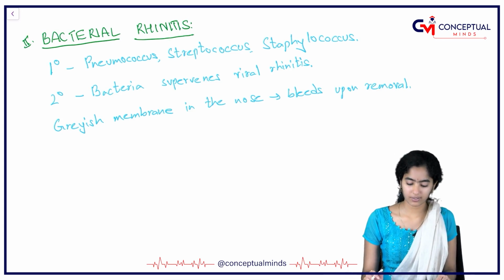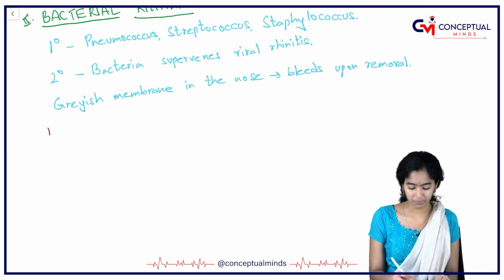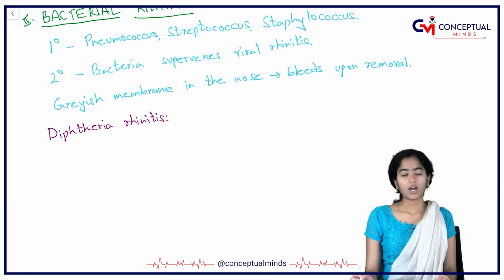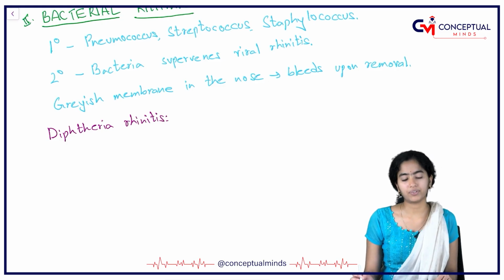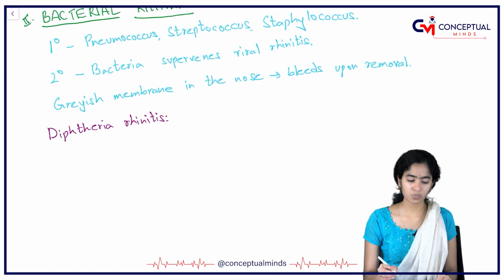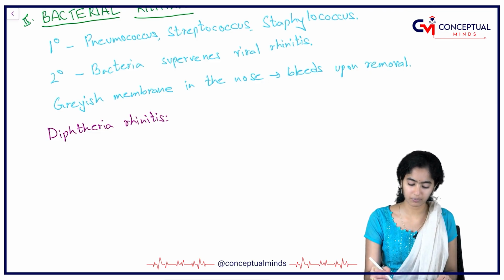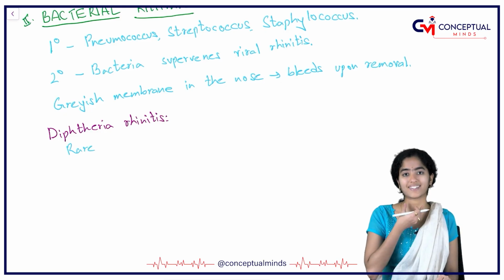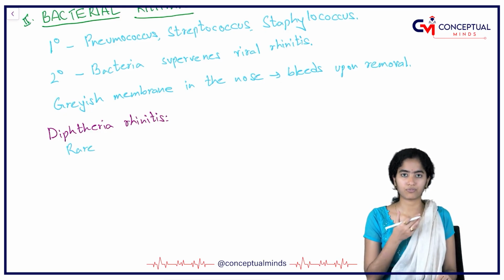But under bacterial rhinitis, we have a special category called diphtheric rhinitis. Caused by Corynebacterium diphtheriae. Now, special features about this are, first, it is very rare. Diphtheria usually causes something in the throat, pharyngeal diphtheria.